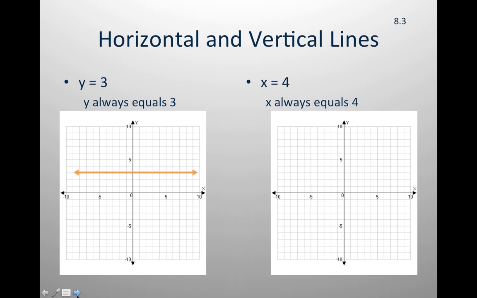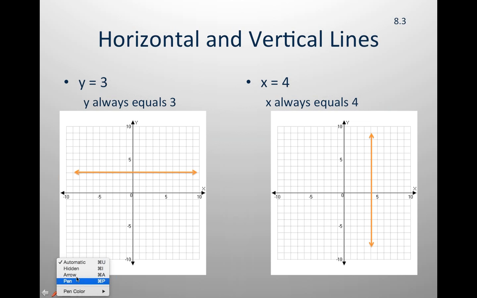Now with horizontal lines and vertical lines, when we graph those, they'll always be y equals some number for the horizontal, and your vertical will always be x equals some number. So if we have x equals 7, we don't really have to plot any points. That's just going to be a vertical line crossing your x-axis at 7. Okay, here this one's going to cross at 4.